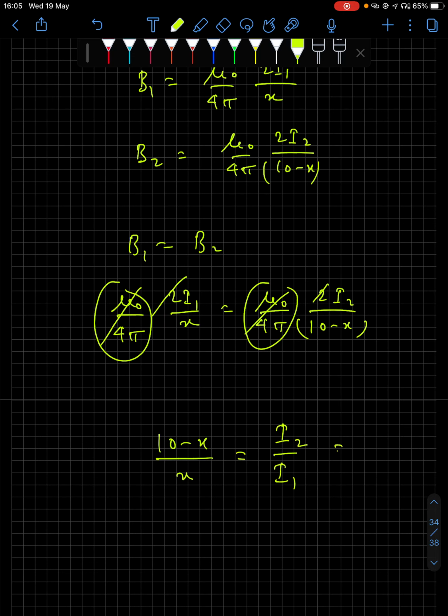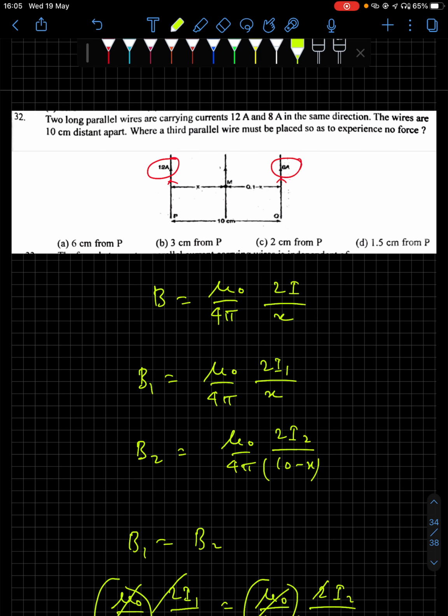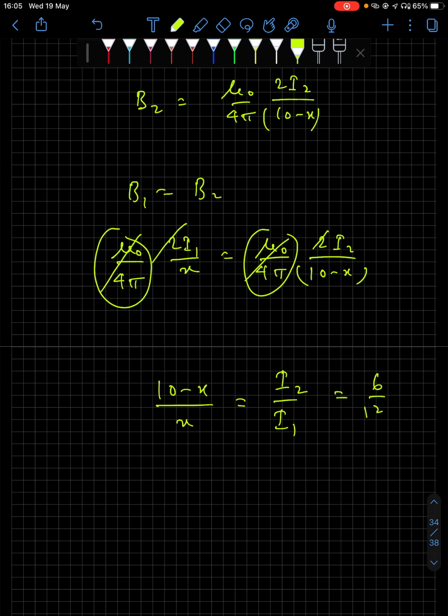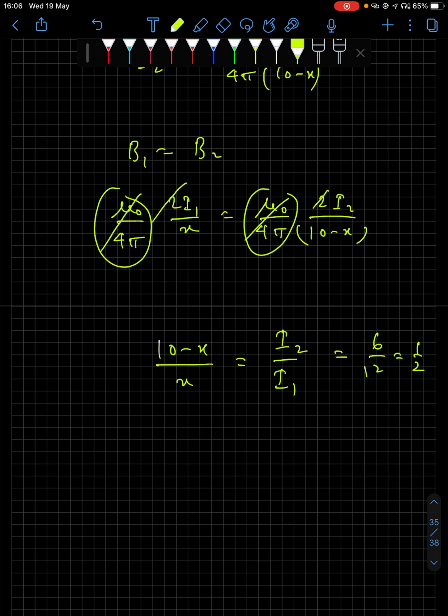The value of I2 is 6 ampere, and I1 is 12 ampere, right? So this will get you half.